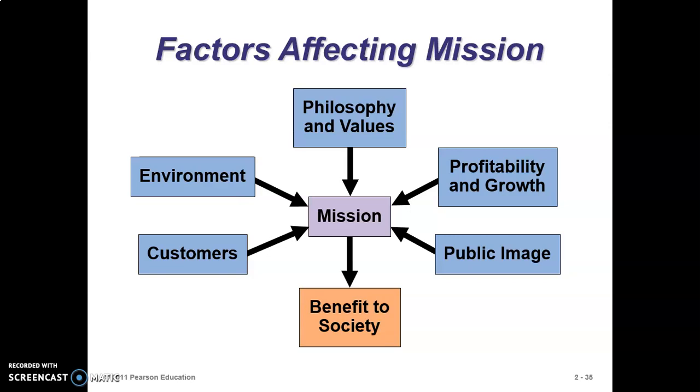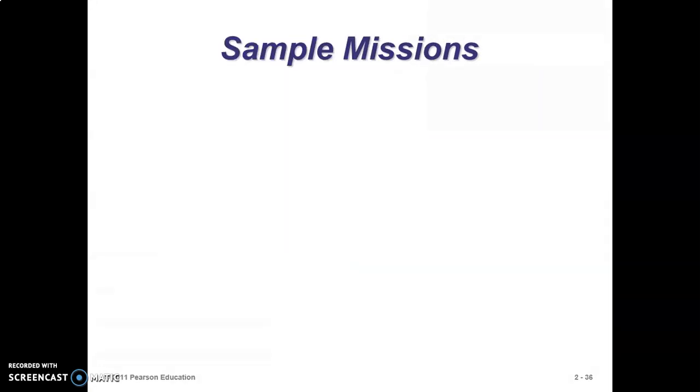That is public image, how people see that company with a good view. Then we have environment, how we take care of the environment. And customer, what we are focusing on, producing products for the customer. So at the end, we are providing benefits to society. All the missions, we want to provide good or benefits to society.